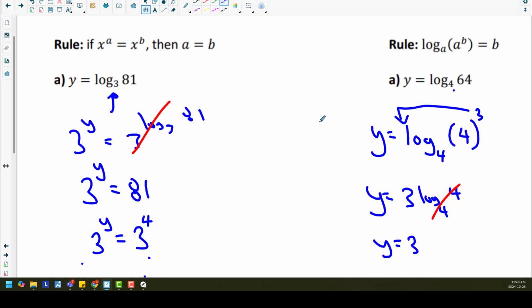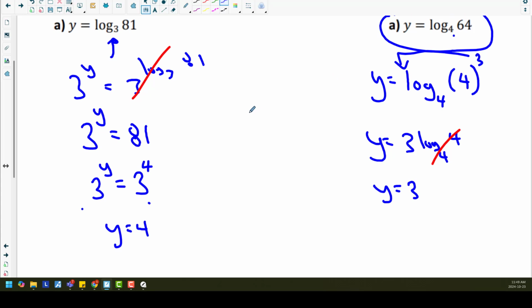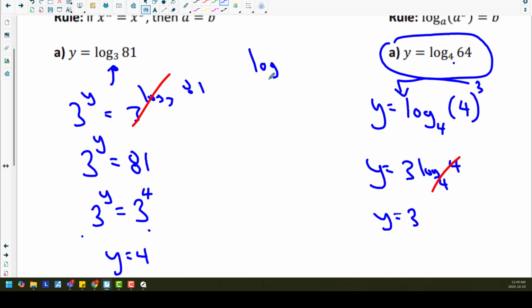You just have to use the change of base formula, because there is no log base 4 on your calculator. So if you want to do this on your calculator, how would you do it? Good question. So remember, the change of base formula is log base b of m is equal to log of m over log of b. With b being the base, so this is 4.